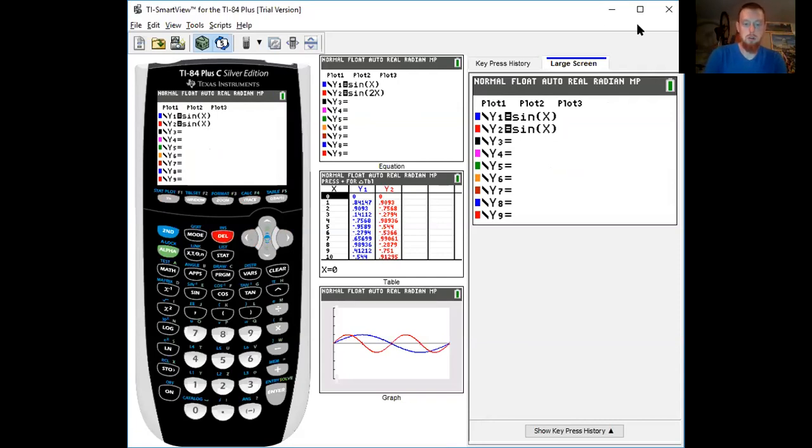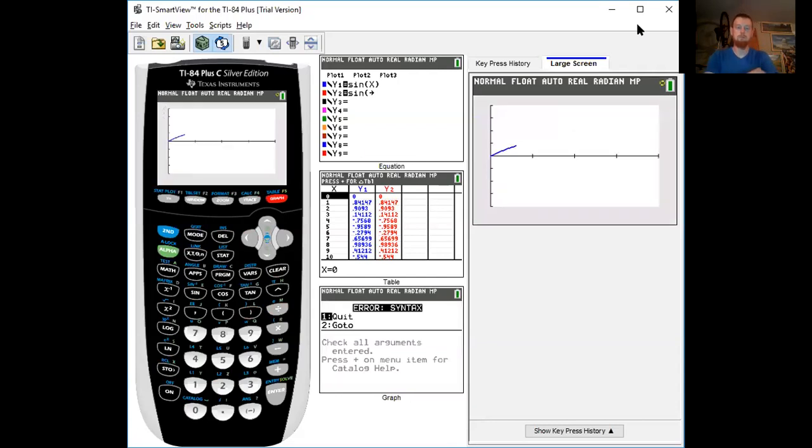Let's say we do sine of x divided by 2. There we go. Here's our original period of 2 pi. So it's the same maximum, right? We're still going up to 1, except it's taking longer.